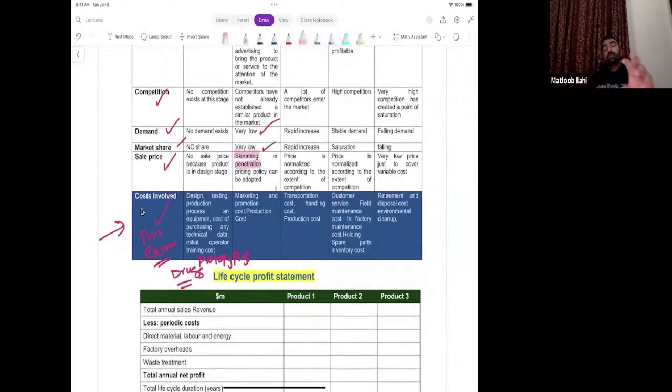Price skimming is charging a higher price for a new product. This happens with high-tech products.